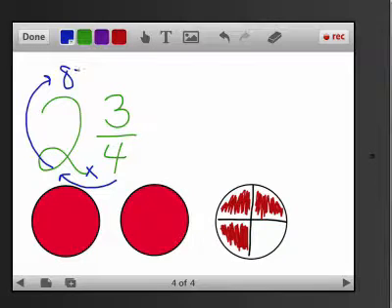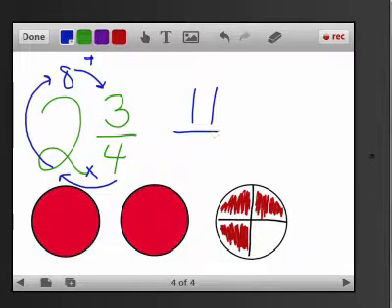Now I'm going to continue on to my circle towards my 3. What I need to do is I need to add that 3. So it's going to be 8 plus 3 is 11. There is going to be my new numerator. It's going to be 11.